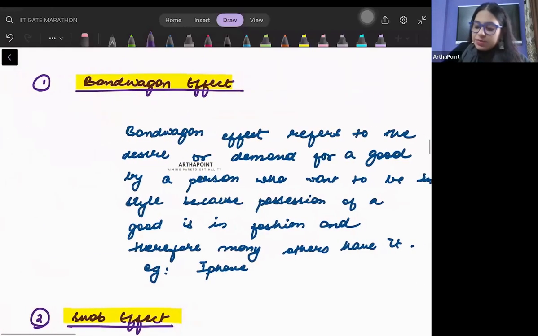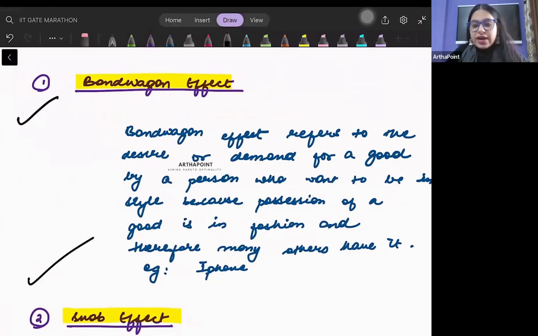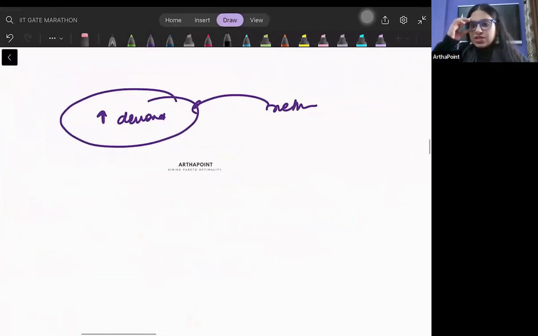Network externality can be divided into two parts: bandwagon effect and snob effect. The bandwagon effect is the effect which involves network externality due to fashion. For example, I'm not sure what the latest fashion is now, but say everybody was using a particular kind of phone, and now because another phone is in fashion, you start using that phone.